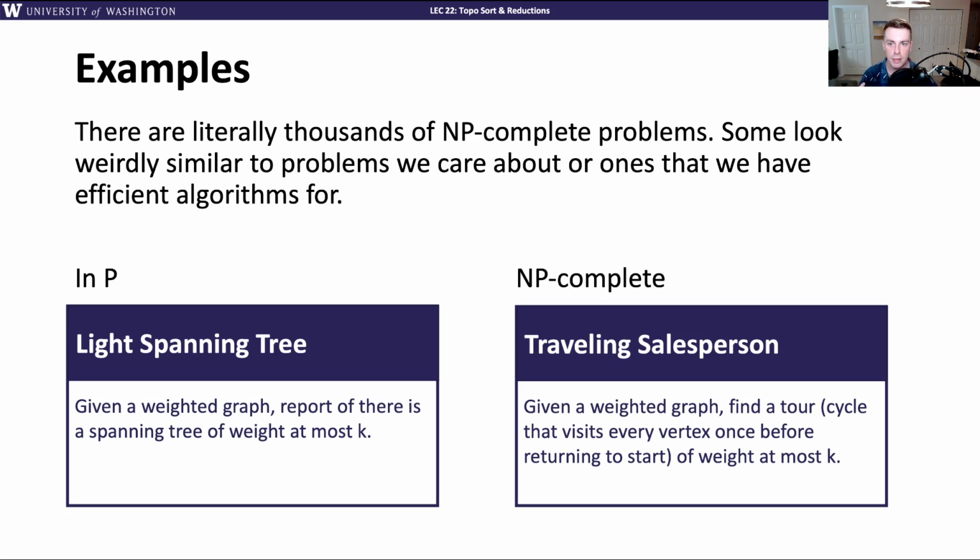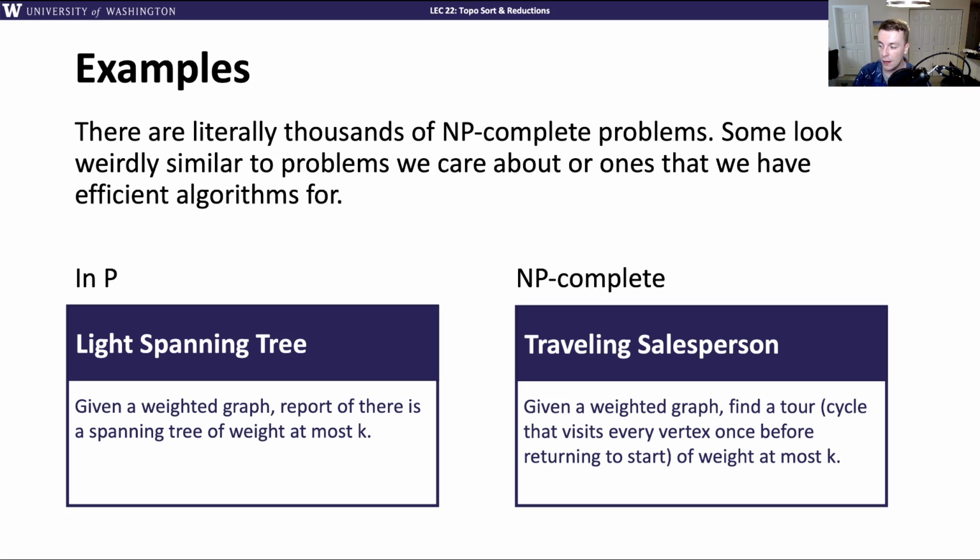Let's talk about a couple other examples. If we think about the light spanning tree problem, which is like the decision problem version of minimum spanning tree, just asking if there's a tree of weight at most K, that's a problem in P. We have an algorithm to solve it. But if you think about the traveling salesperson problem, what we talked about on Friday, where you need to make a tour around the whole graph with minimum cost, that's suddenly NP-complete.